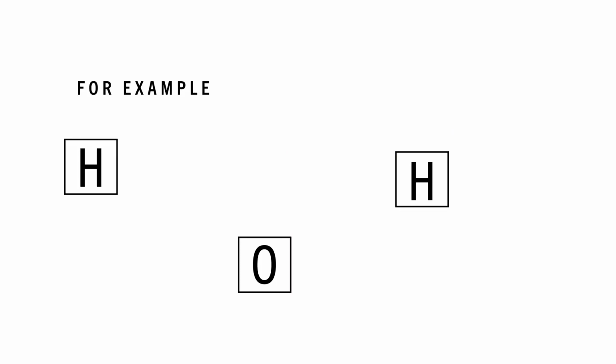Let's make a little bit more sense of this. Here we have a hydrogen atom, and this is our second hydrogen atom, and this is our oxygen atom. Now usually when you have oxygen, you would say it's diatomic, but that's not for this stage. These are hydrogen element, oxygen element, but these are all atoms, right?